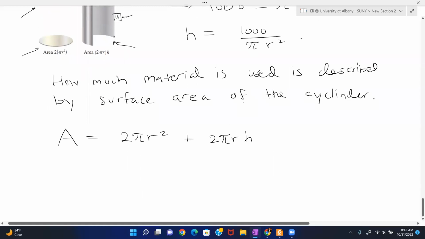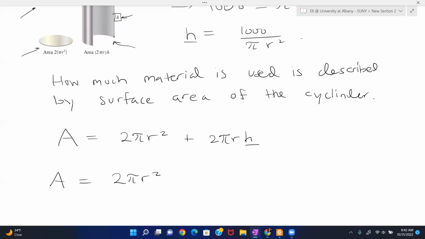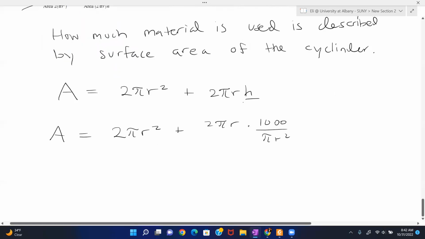And this is the reason why I wanted to solve for h, because the surface area depends upon h and r, but that's annoying, so we want to eliminate that. So we get 2 pi r squared plus 2 pi r h, which is 1,000 over pi r squared.